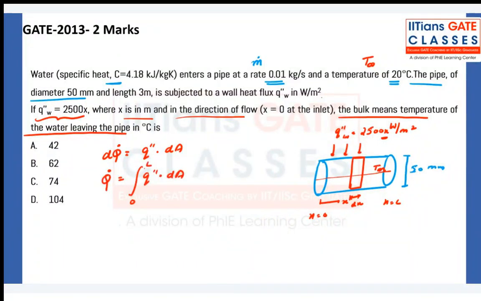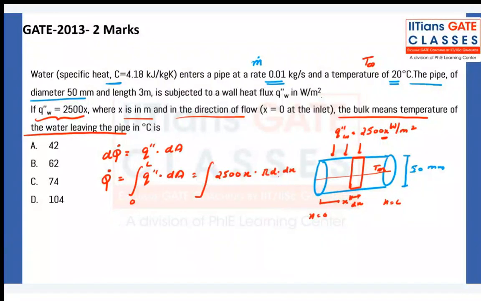Chalo. Now what is Q double dash? Q double dash is 2500 x, into area. Area is what? Small area, pi d into thickness dx.